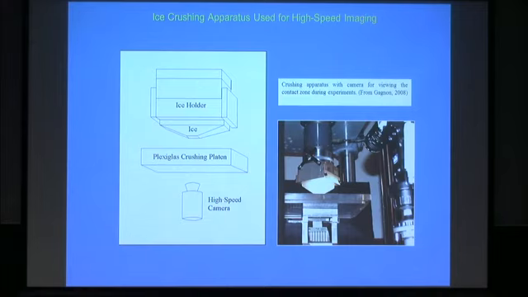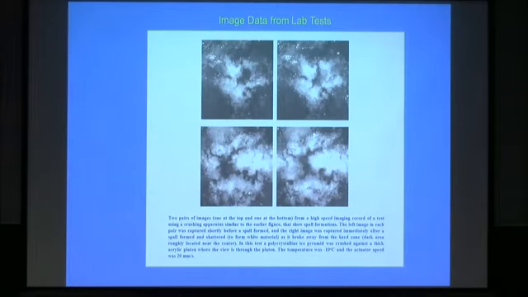This is showing the same apparatus as before for the tests that were conducted in the lab, and this is just a recap. This is polycrystalline ice crushing against the platen, and the left image is before a spall and afterwards. So you see a spalling event here.